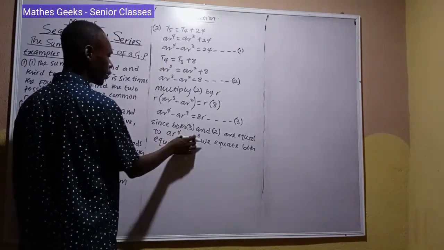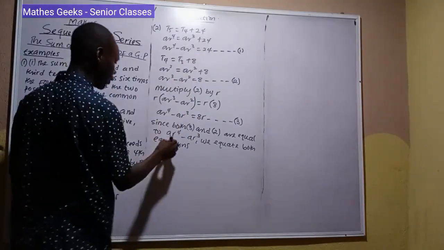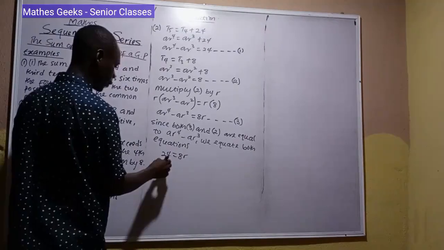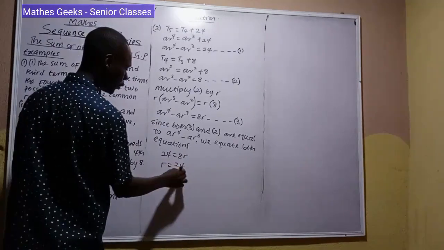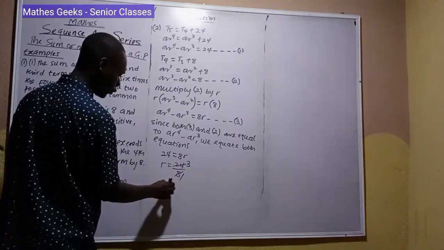So A r to the 4 minus A r cubed is common to both sides. This is equal to this. So 24 is equal to 8r. So r is equal to 24 divided by 8. 8 here 1, 8 here 3. So common ratio is 3.